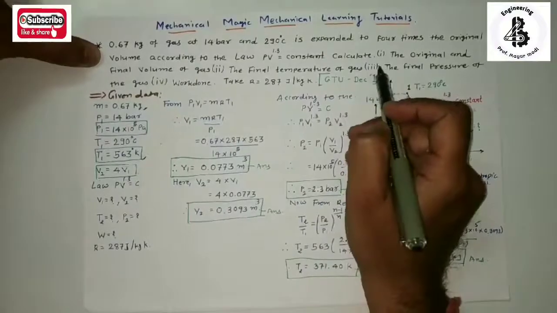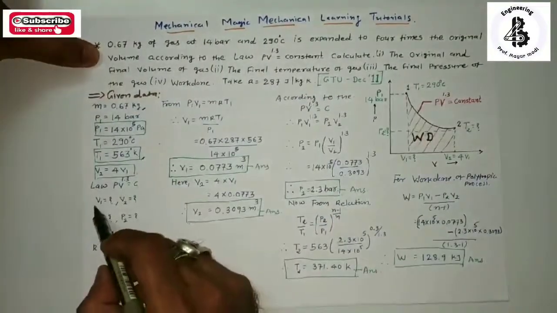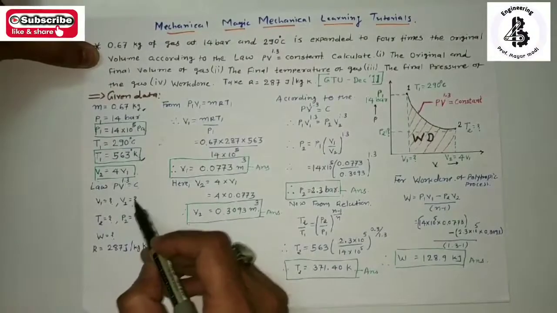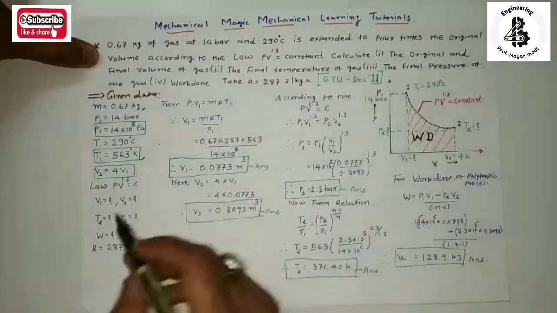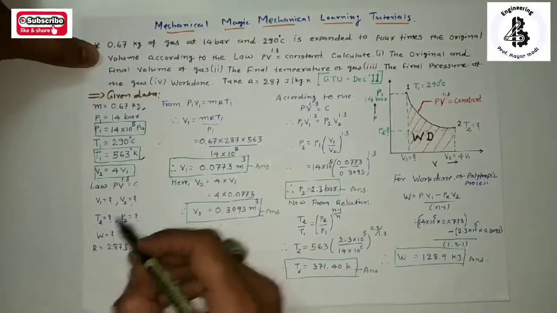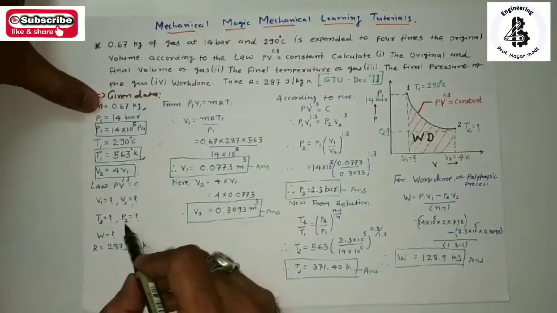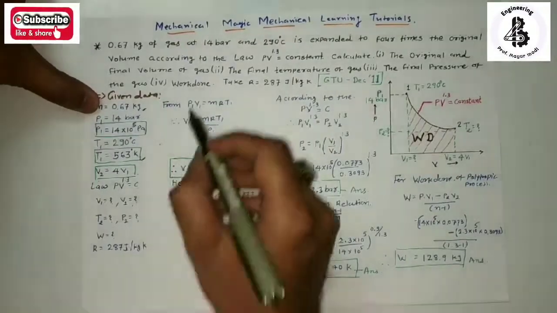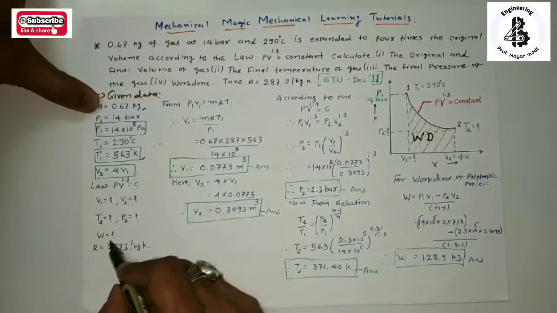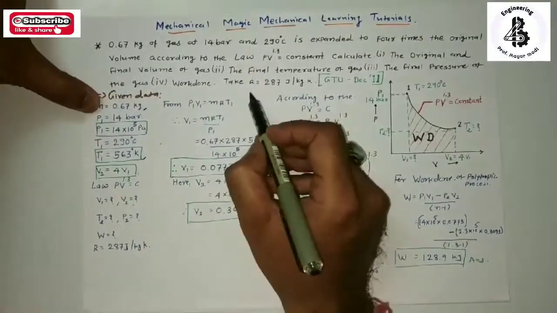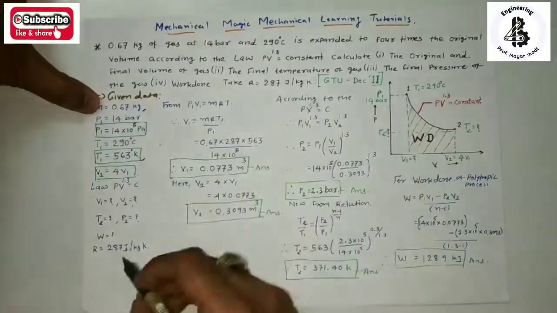We need to calculate the original and final volume of the gas, V1 and V2, the final temperature of the gas, T2, the final pressure of the gas, P2, and the work done by the system, W. Take the value of R as 287 joule per kg Kelvin.